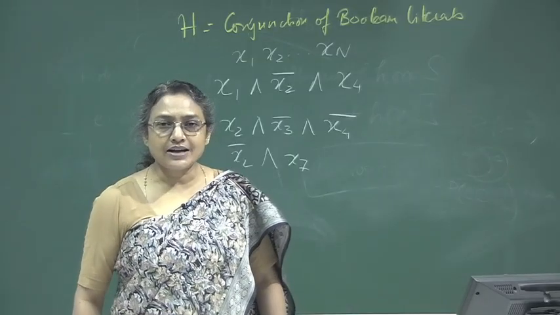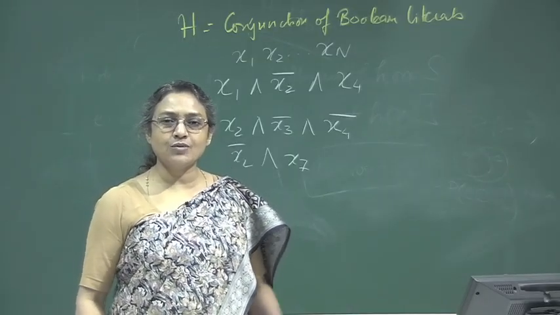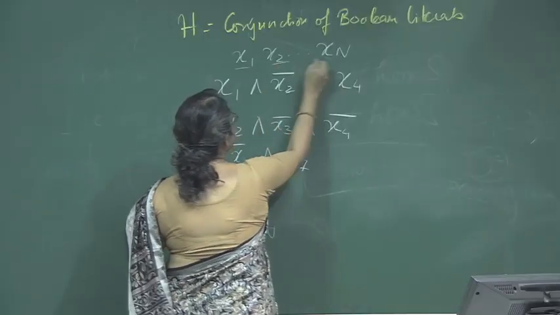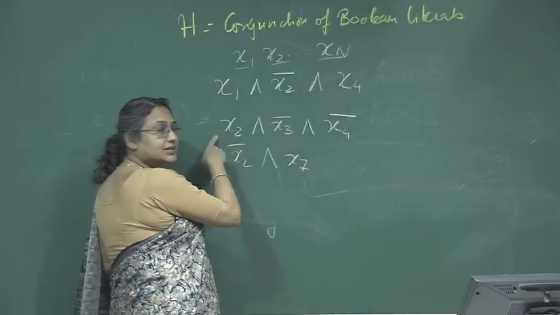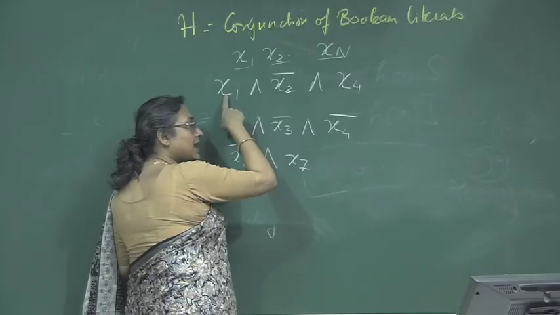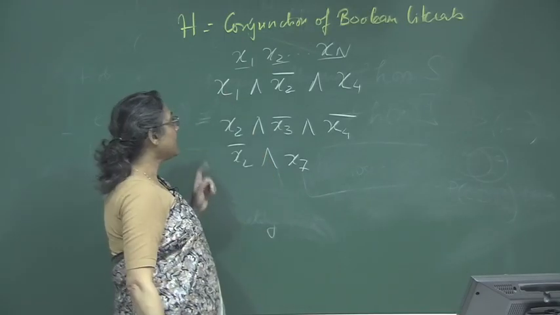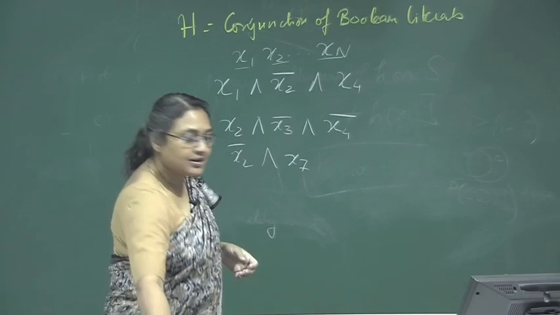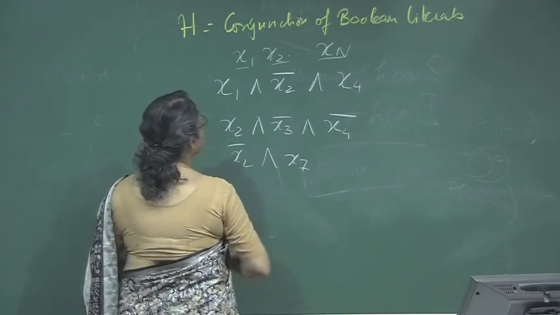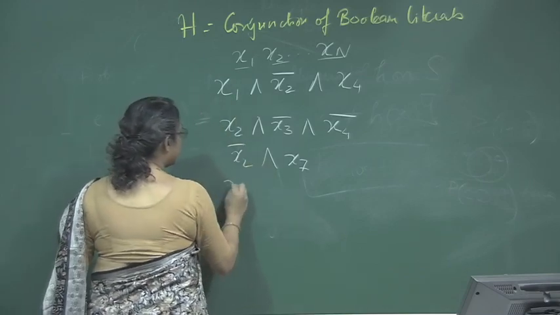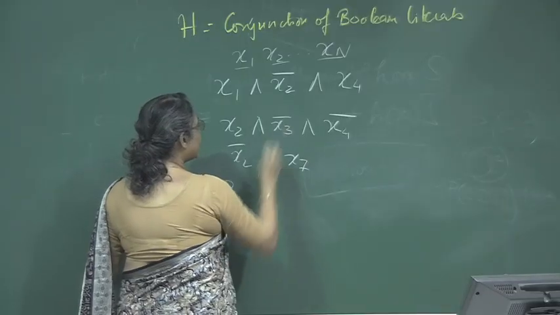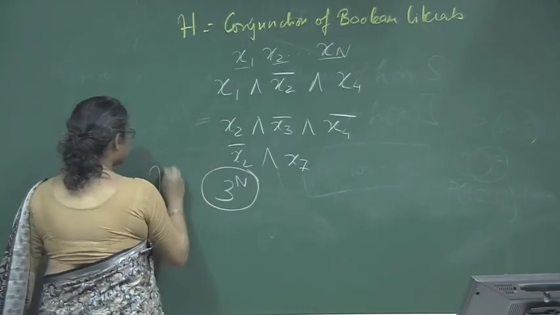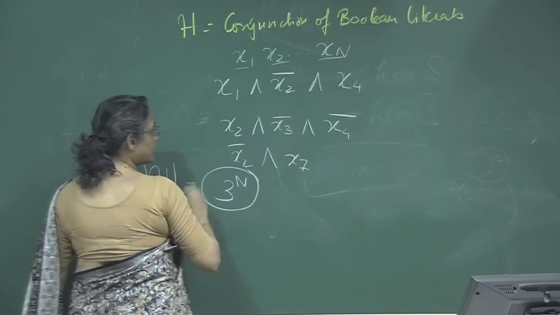Now, this is our hypothesis space. What is the size of this hypothesis space? There are n literals in a particular hypothesis. That literal may occur in the positive form, may occur in the negative form, or may not occur at all. So, for each literal, there are 3 ways of it appearing in this formula, and there are n literals. So, the size of the hypothesis space is 3 to the power n.